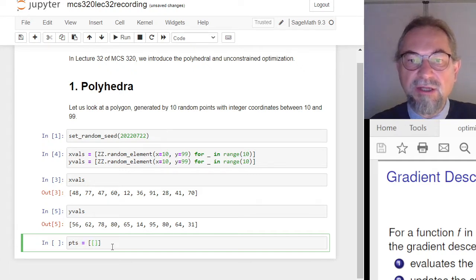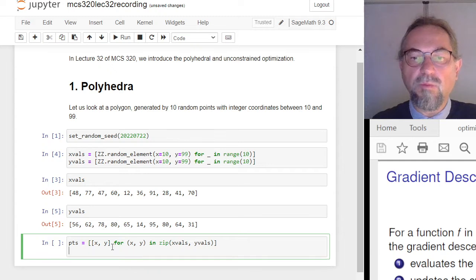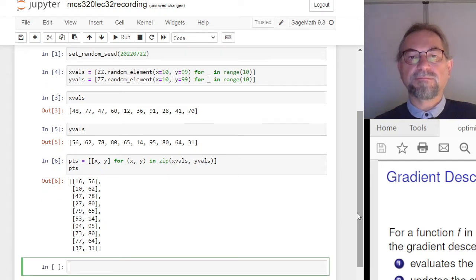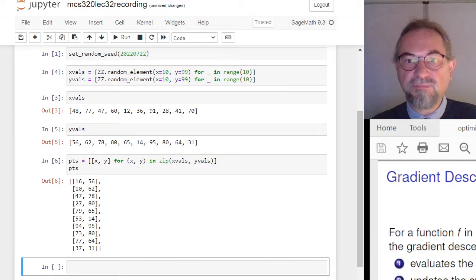Then I will make the list of coordinates. So it's a list of lists. For tuples x and y in the zipped x and y coordinates, the values. And there we see the 10 points. So this is a first introduction to show a little bit the flexibility of Python.